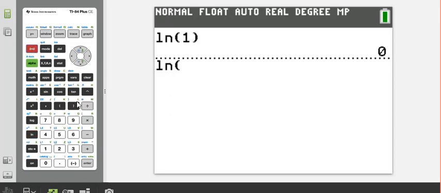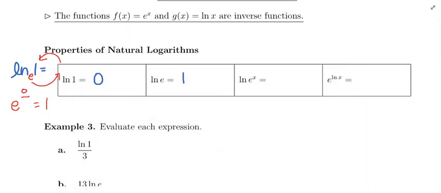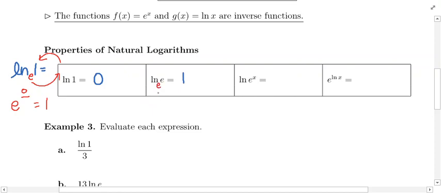So if I do second division, I can pull up the number E. The natural log of E is 1. And again, why is that? Because if I take my base E and raise it to the first power, I'm going to get e. So the natural log of e is 1.